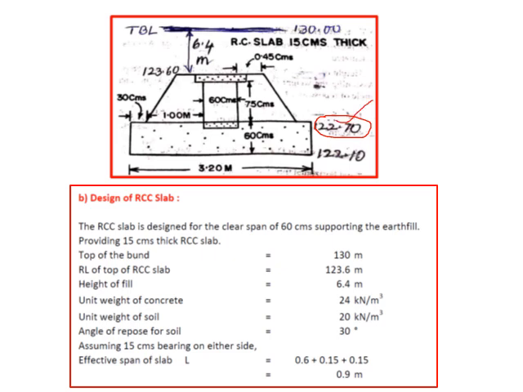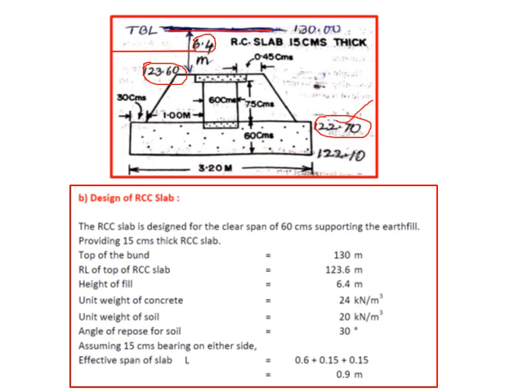So keeping 75 centimeters and providing an RCC slab 0.15 thick, we get this RL as 123.6. You know that the TBL is fixed at 130, which is again decided. So 130 minus 123.6 gives 6.4 meters of height of the fill. This RCC slab has to support its self-weight as well as the height of the fill.